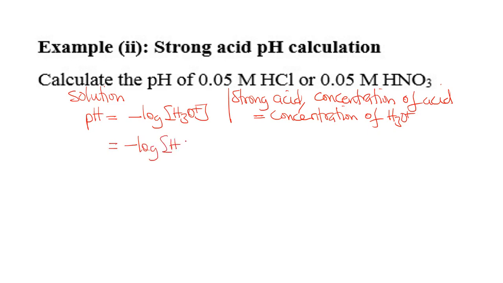of HCl, or the concentration of HNO3. Because it's a strong acid, we just put the concentration as given there, 0.05.